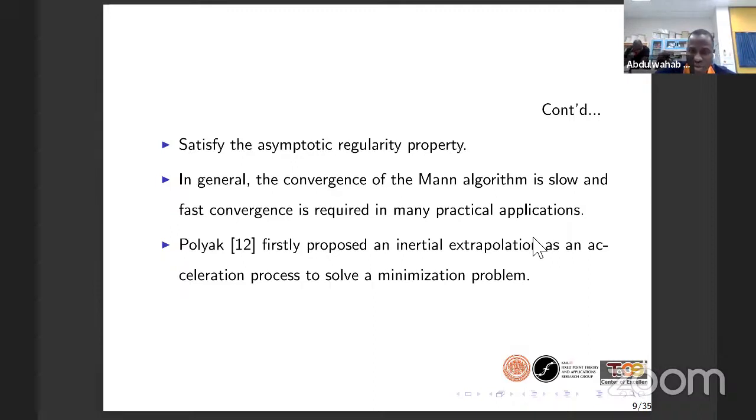So in order to obtain fast convergence, Polyak in 1964 proposed what we call the inertial algorithm for solving minimization problems, which has been justified numerically by various researchers: when an inertial extrapolation term is incorporated in an iterative algorithm, there is a significant improvement in the rate of convergence of the sequences generated by that algorithm when compared with its non-inertial counterparts.